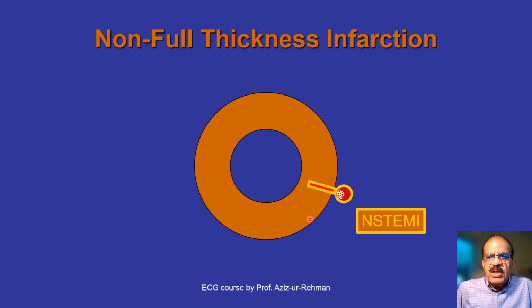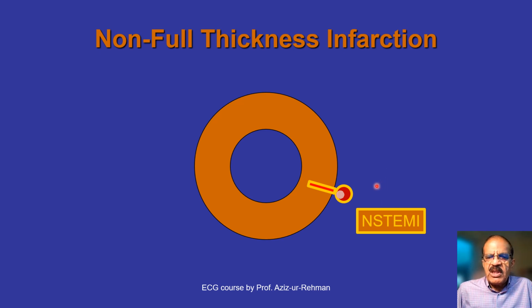The ECG changes. This is the coronary artery on the surface of the heart, and this is a penetrating vessel. It could be any vessel: left anterior descending, left circumflex, right coronary artery, posterior descending, any artery. As per theory, in NSTEMI we cannot exactly find out the culprit artery, because the culprit artery is identified on the basis of distribution of ST segment elevation.